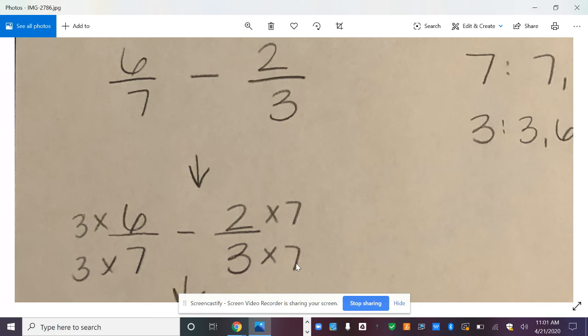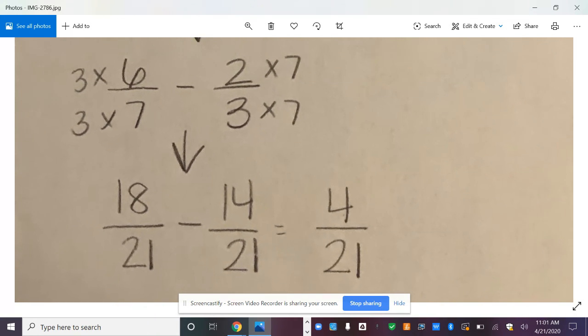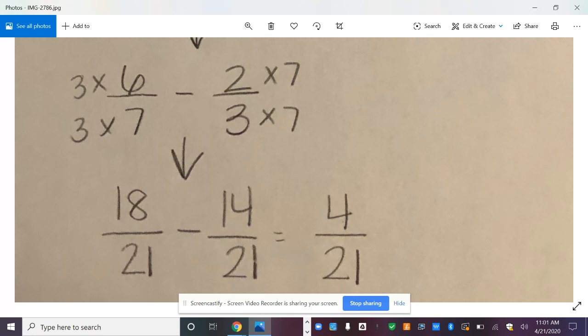And I said, all right, I'm going to multiply by 7. What I do to the bottom, I have to do to the top to make sure I'm creating those equivalent fractions, making sure everything is staying balanced. So my fraction once was 6/7 minus 2/3, and now it is 18/21 minus 14/21.